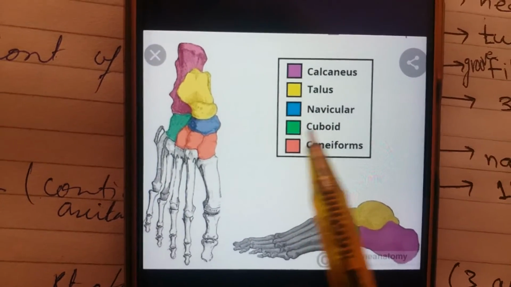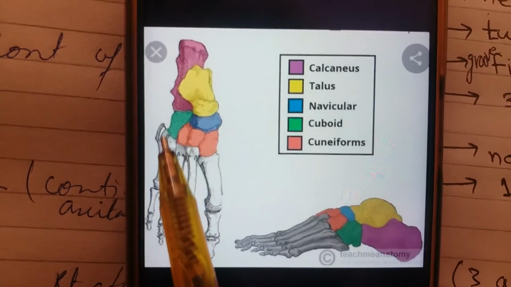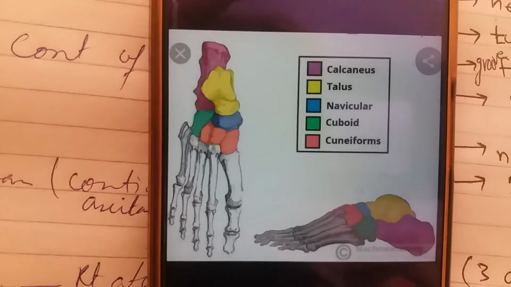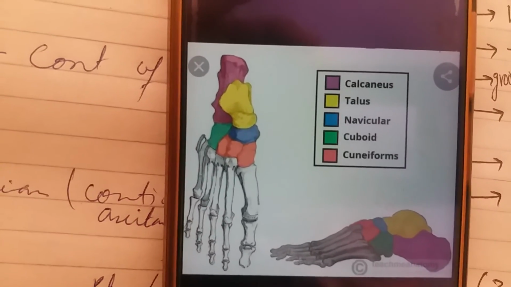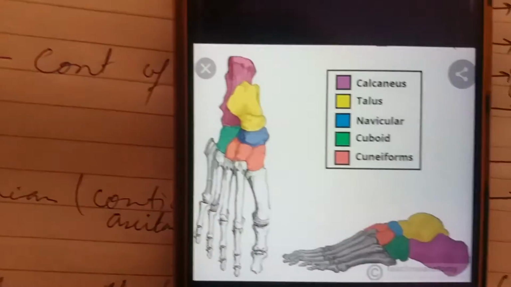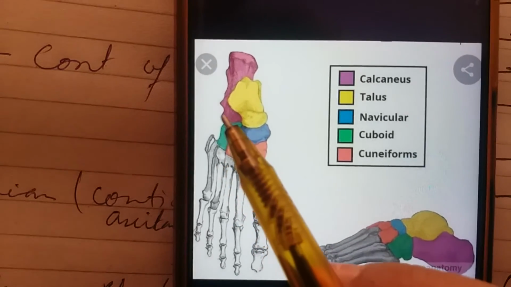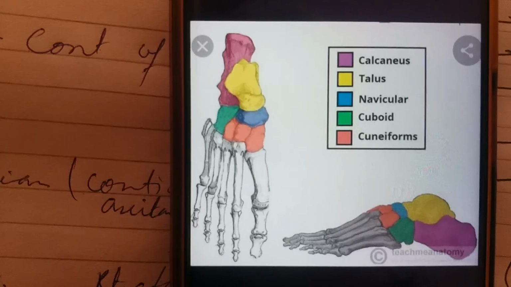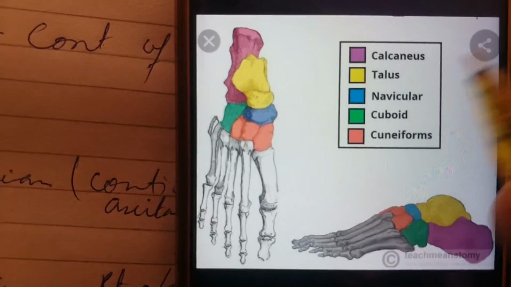And then there is cuboid bone. See, the cuboid bone is cuboid. It's actually not exactly a cuboid, but it feels like a cuboid. This is cuboid in structure or shape. Then there is cuneiform.